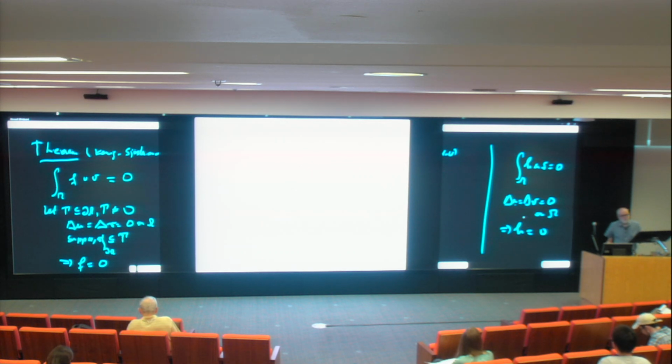These are harmonic functions with support on a piece of the boundary that can be very small in principle. Okay. So this involves, I'm not going to explain the proof of this, this involves analytic microlocal analysis and so on. So it's more complicated.